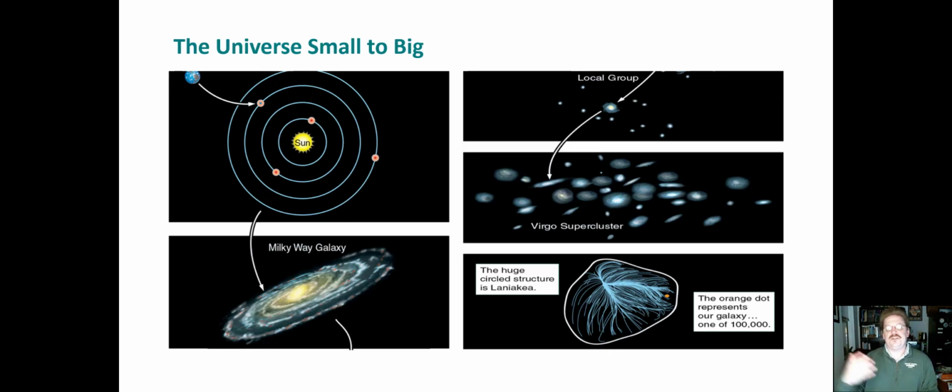Then you get to clusters or superclusters, which are hundreds, if not thousands, of these local groups. And then finally you get into the definite superclusters, the Laniakea, for example, and I'm pretty sure I'm butchering that name. These are millions of parsecs across, if not larger. So we go from a few AU all the way up to millions upon millions of light years, or I guess billions of light years.